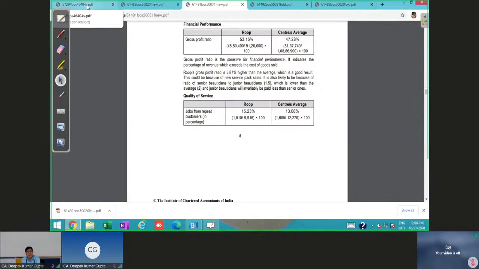But we also have to identify the reason behind this. We have a significant number of trainee staff also, but against that we are giving good services.